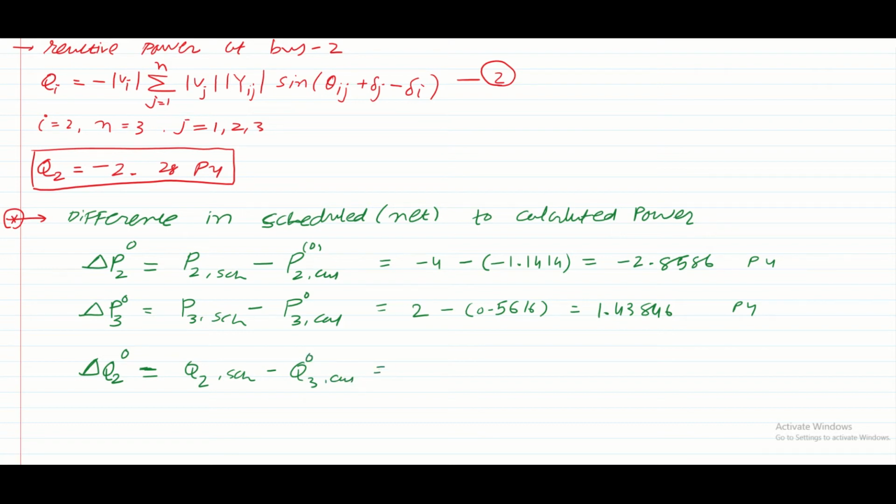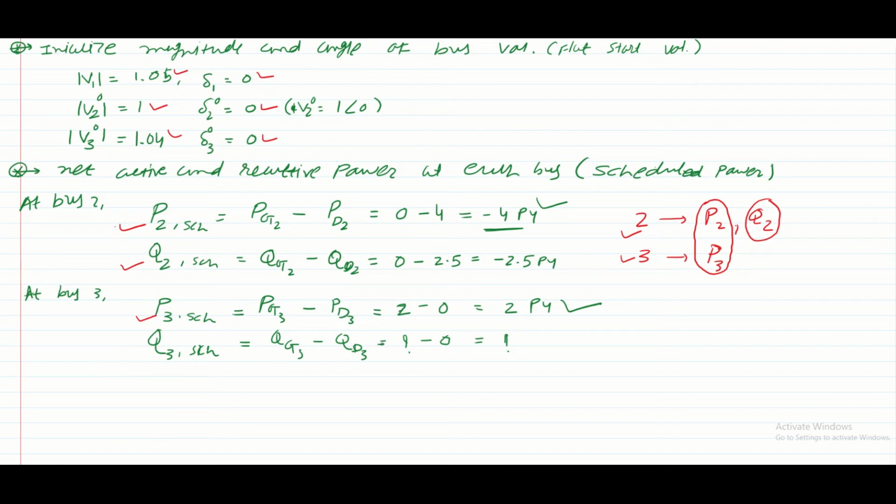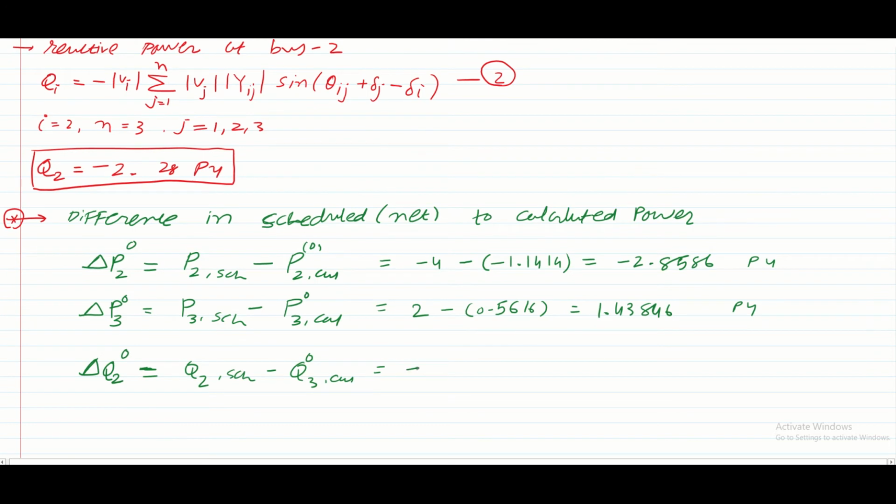So here the scheduled value of Q2 is minus 2.5, minus Q2 calculated, which is minus 2.28. So the final answer is minus 0.22 per unit. I hope you have clear up to this. Okay.